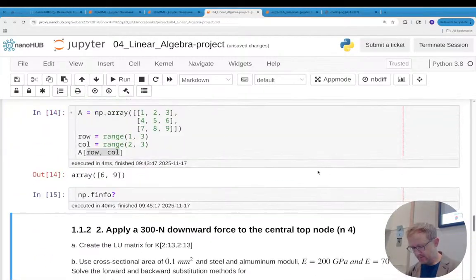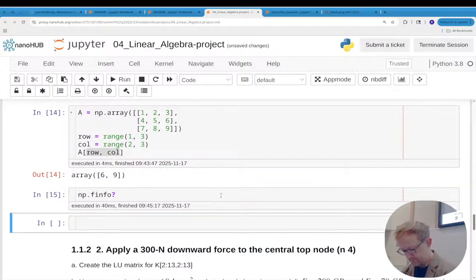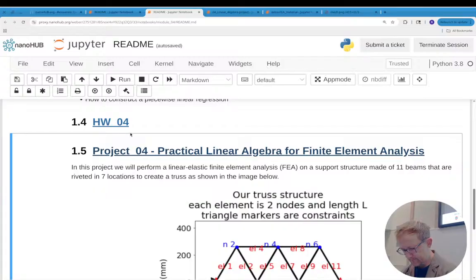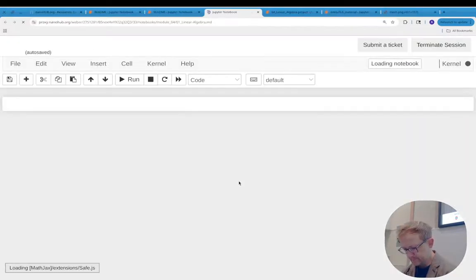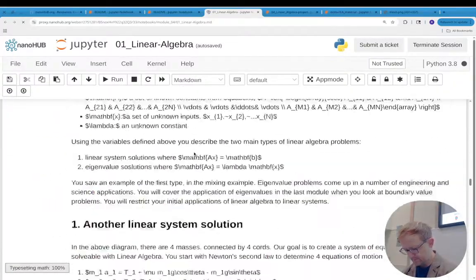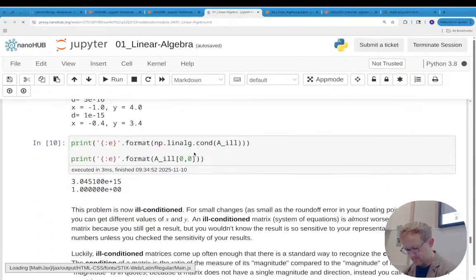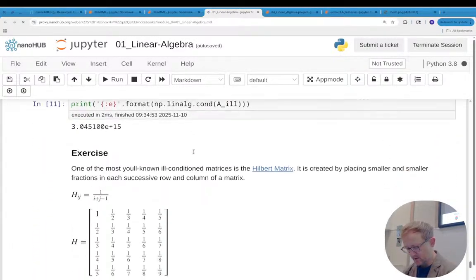Oh wait, where'd it go? I'm going to scroll down to this definition for conditions and errors.